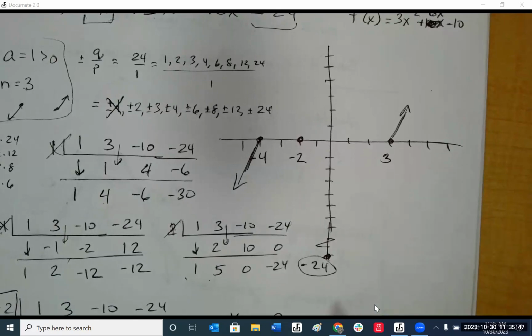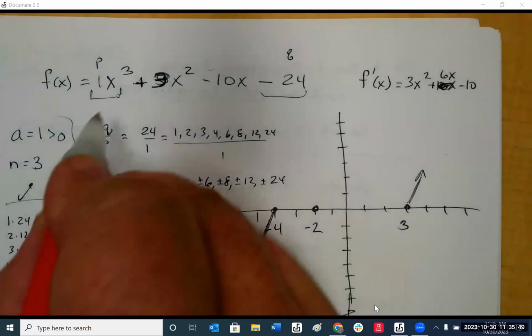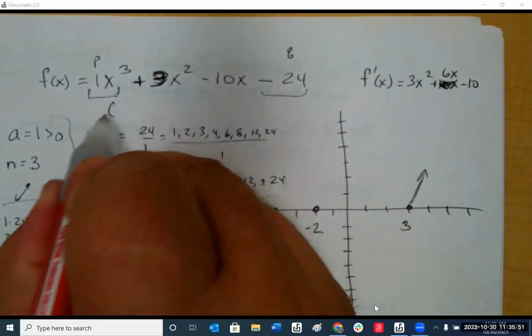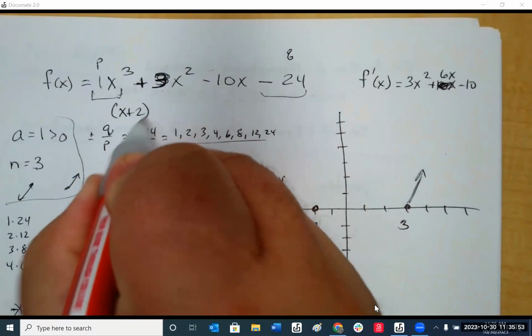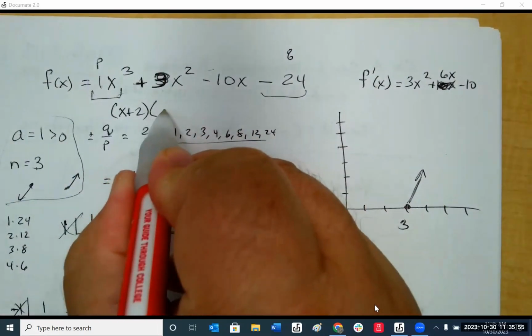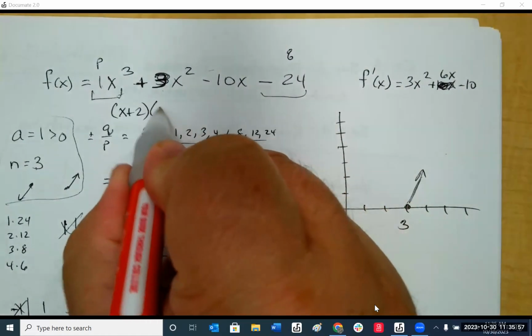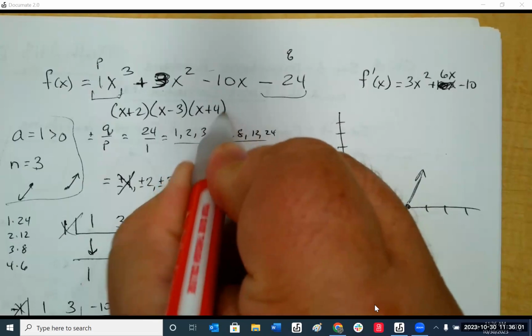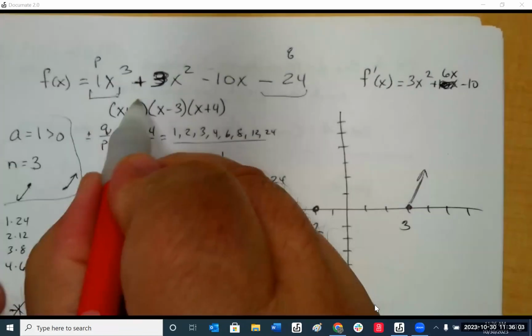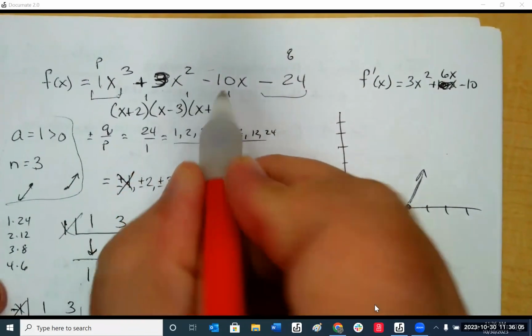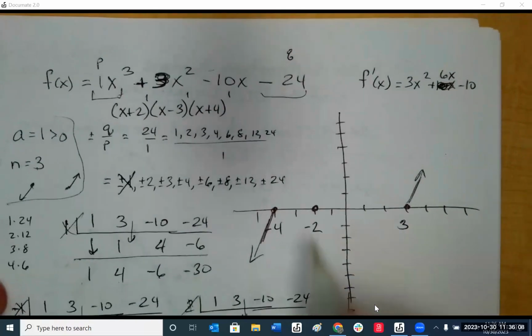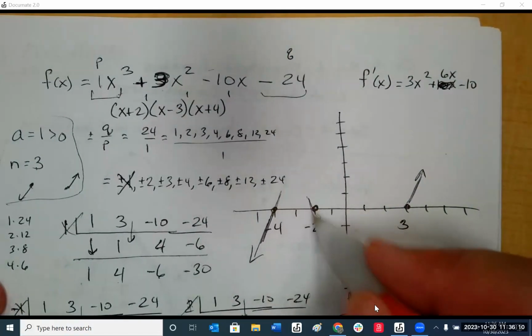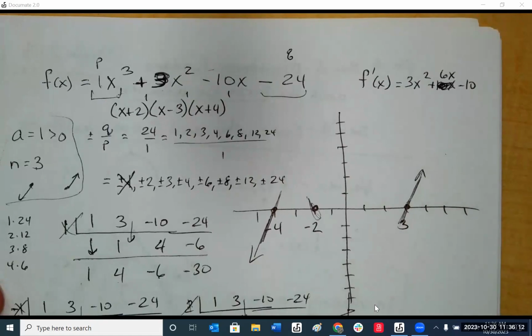We also know, since the factors of our equation are x plus 2, x minus 3, and x plus 4, and the multiplicities of each one are odd, that the graph crosses at all of these points.